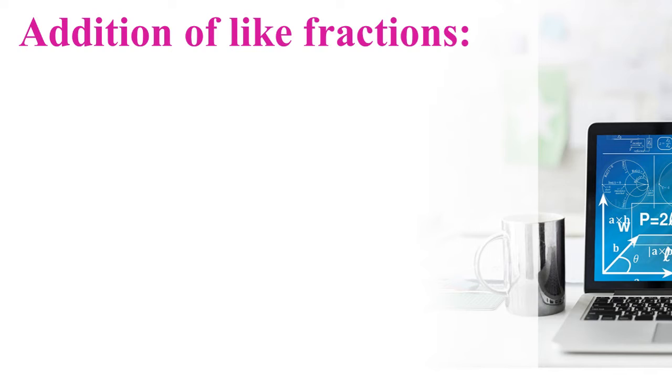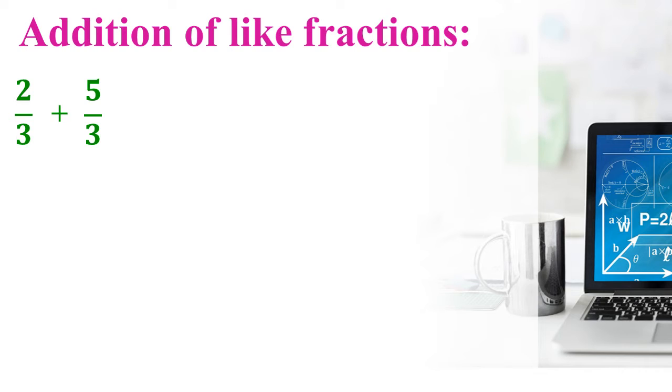So first let us see addition of like fractions. Addition of like fractions is easy and sometimes can be done mentally. Now we will learn how to add like fractions. The given fractions are 2 by 3 plus 5 by 3.